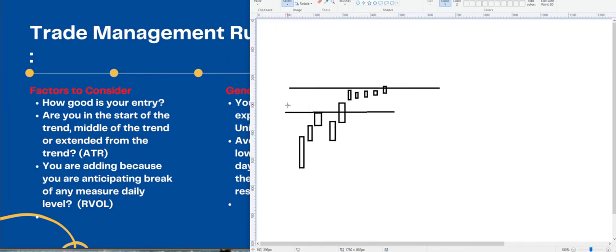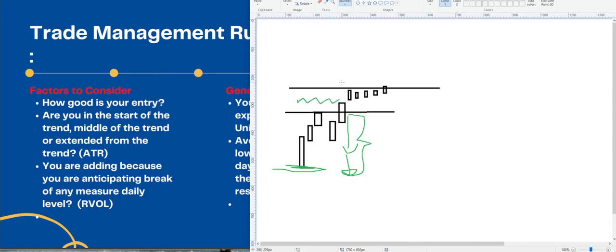Now the question is, where is your entry? Let's change the color of the pencil so that we all know what we are talking about. If the opening price is this level, you can see clearly your entry is almost after the big move, after a very small consolidation.